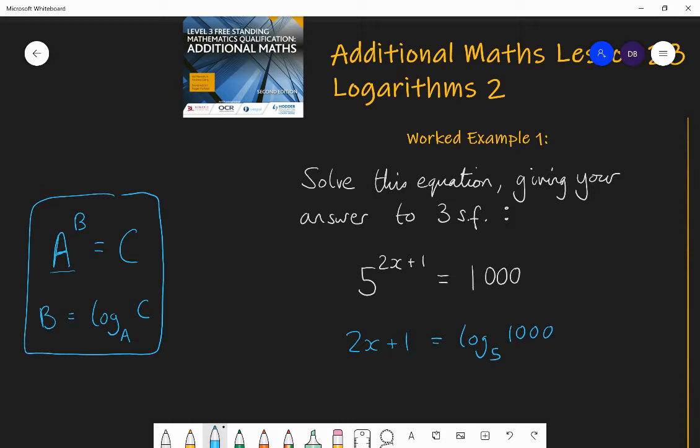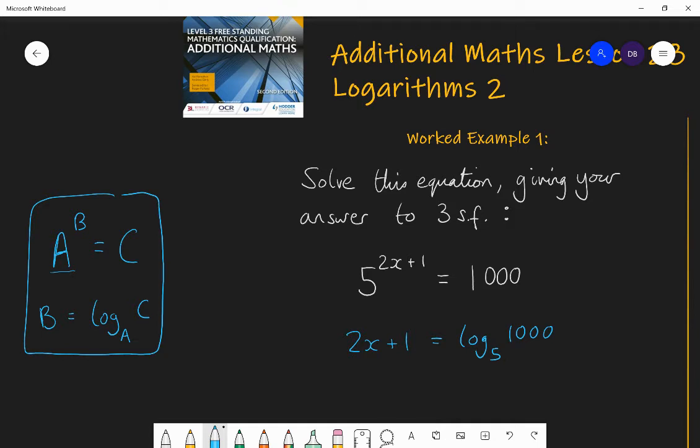So that can be gained on my calculator. You can get a general sense of what it's going to be. You know, 5 squared is 25, 5 cubed is 125, 5 to the power of 4 is 625. So it'll be between 4 and 5. 5 to the power of 4 point something will be 1,000. But I'm going to keep my log base 5 of 1,000 because that's exact rather than estimating it or putting it to one decimal place or something.